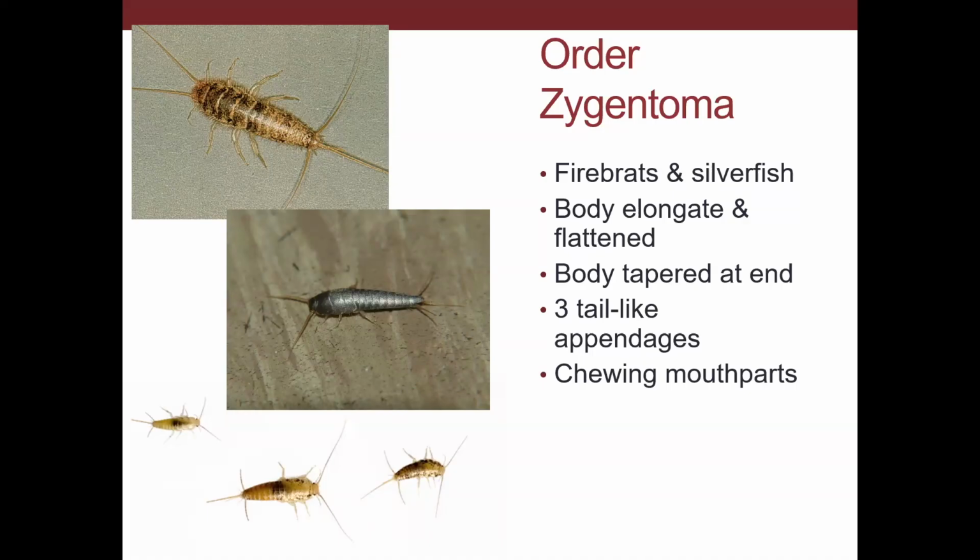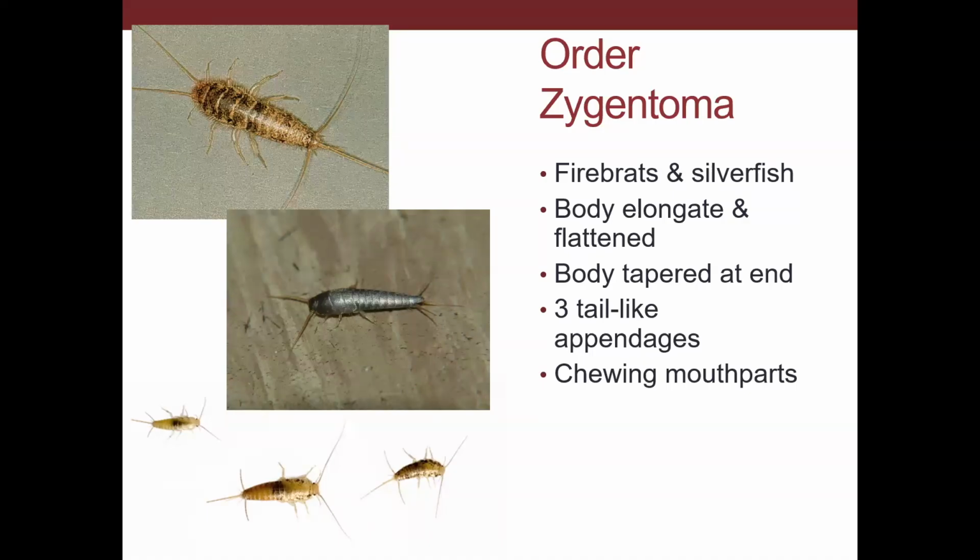These are going to have long antennae, and they are going to have three tails that come off of the tip of their abdomen. Immatures look exactly like adults because these never have wings. These are always going to be wingless in both the immature and the adult stages.